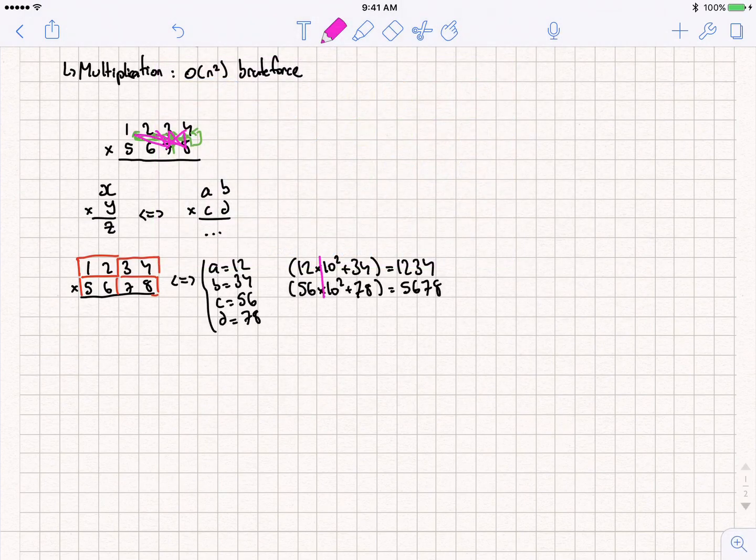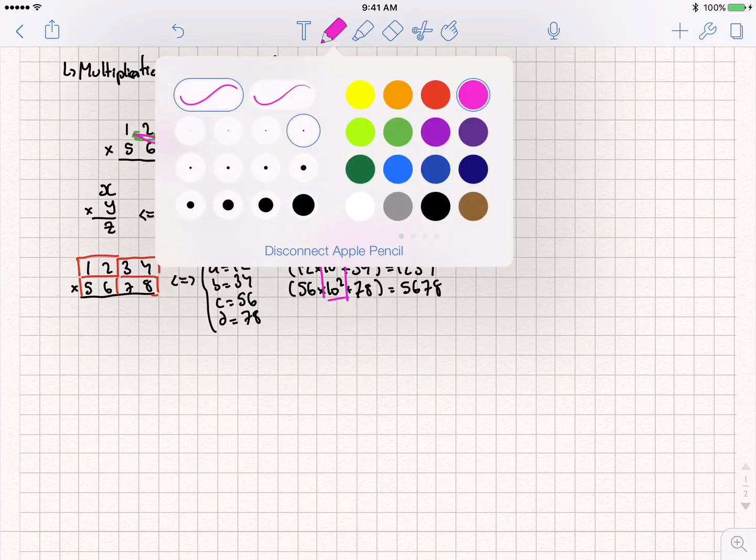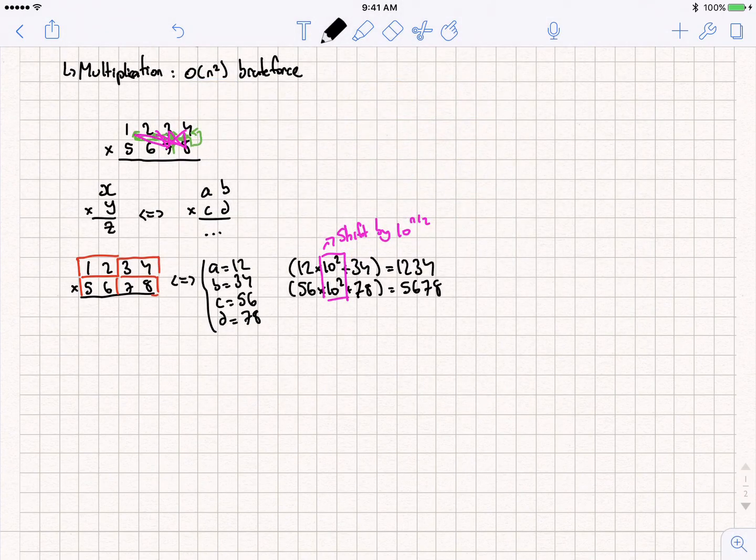We have these terms, and we shift by 10 to the n over 2. Now that we have this other representation, more abstractly, we have a times 10 to the n over 2 plus b, and we have c times 10 to the n over 2 plus d.